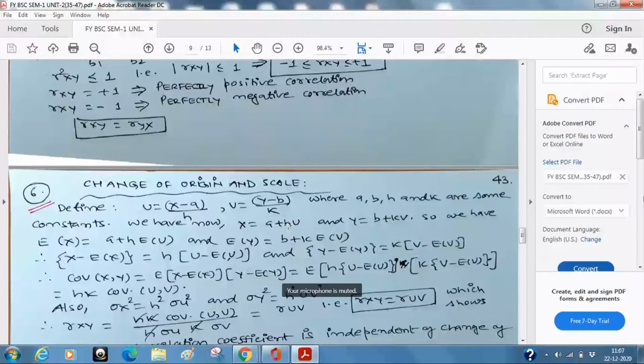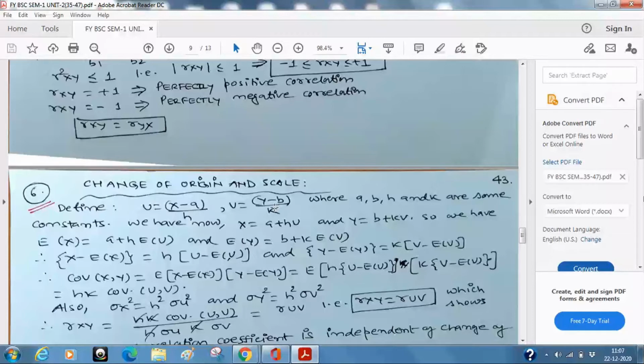So expected value of x is equal to a plus h times expected value of u. Similarly, whatever you are writing for x, immediately you can write for y with the same logic. So expected value of y will be simply b plus k times expected value of v.